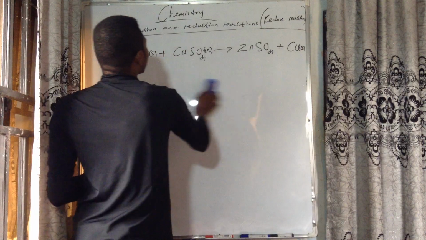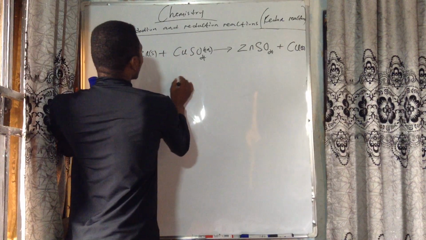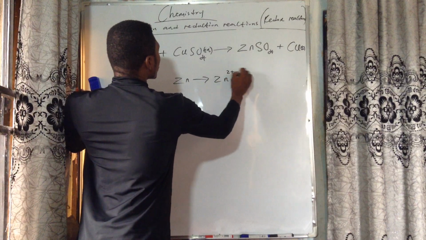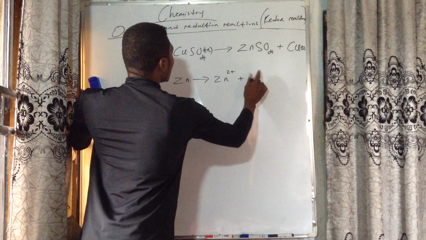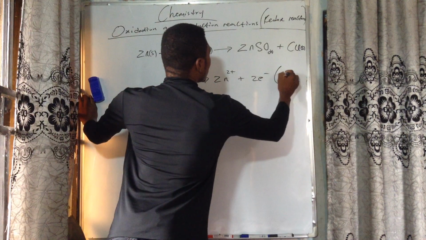So let us continue. Now let us write the half-cell equations for this. We have Zn gives us Zn2+ plus 2 electrons. Zinc is oxidized. We have oxidation.